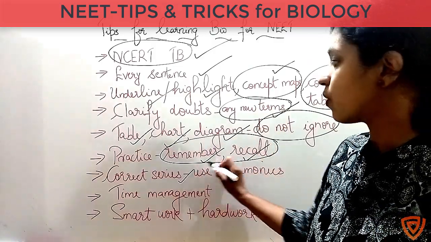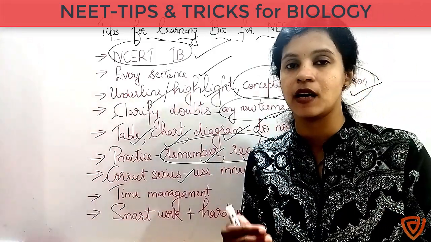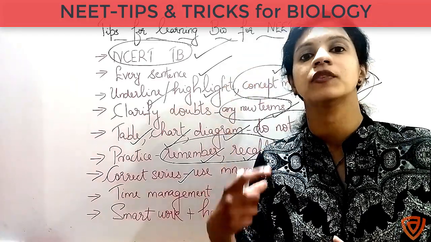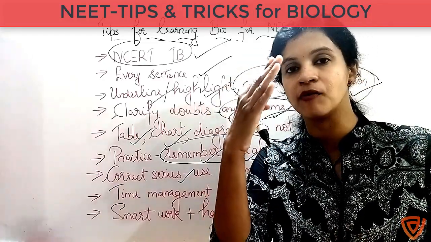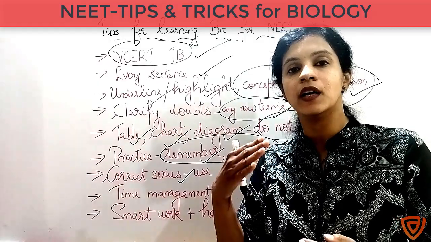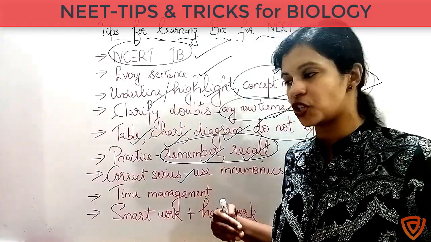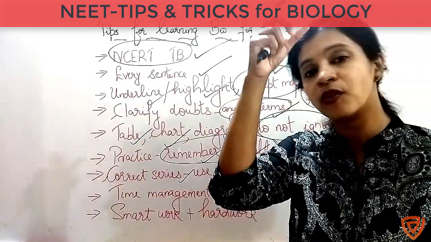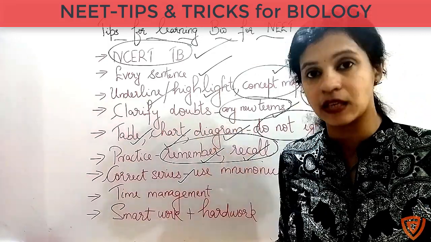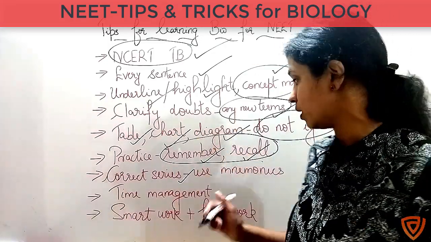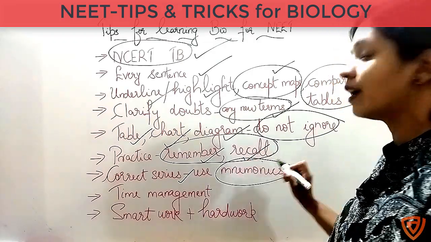Then, for studying the correct series, for example the hierarchy of the levels of organization: kingdom, phylum, class, order, family, genus, species. Sometimes you may forget the sequence. The correct series is very important. For that, you can use tricks called mnemonics.